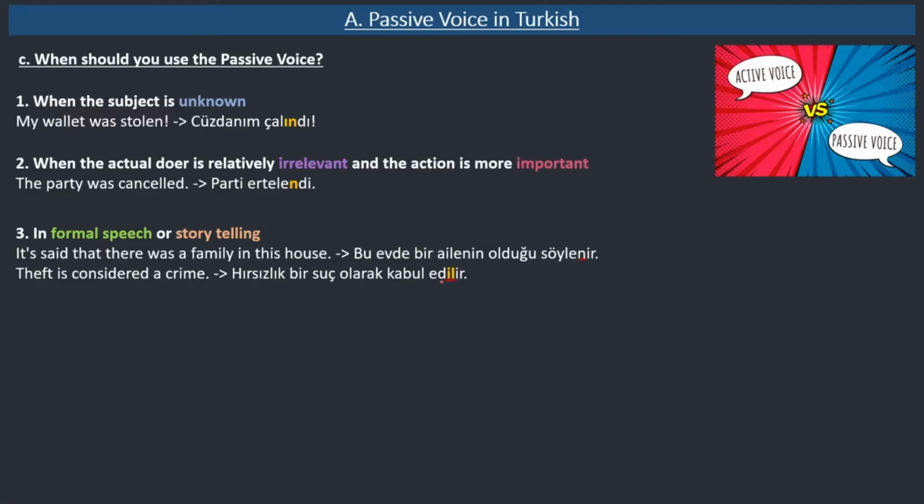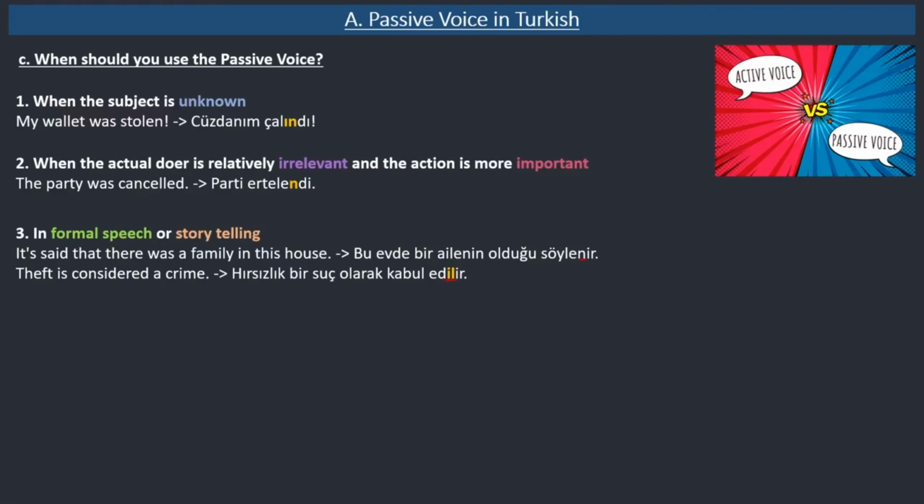But when you use this in a storytelling or formal way, you put the passive voice and say it from a different structure. Hırsızlık, theft, bir suç, a crime, olarak, as. In Turkish, we need to insert as. Theft is considered as a crime. Kabul edilir.